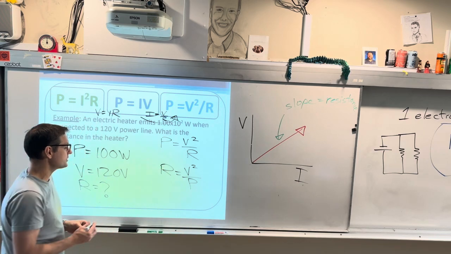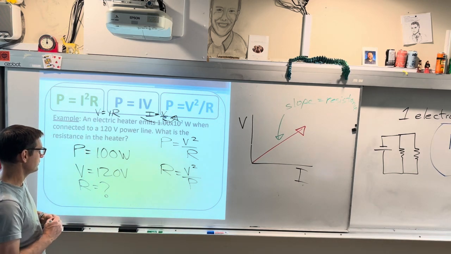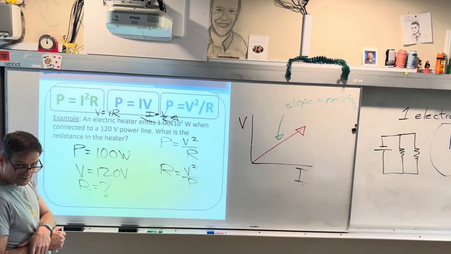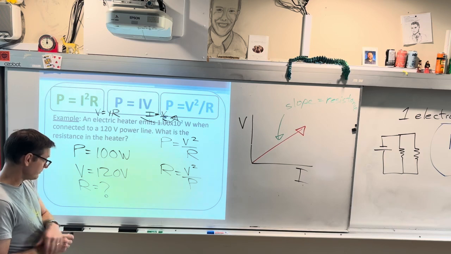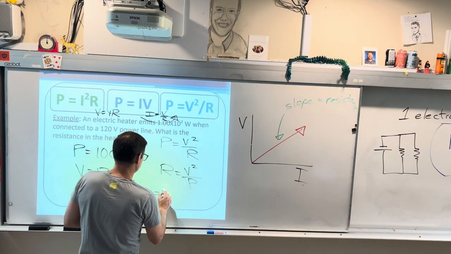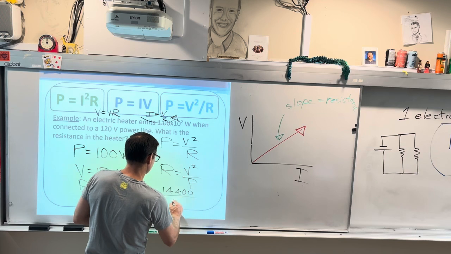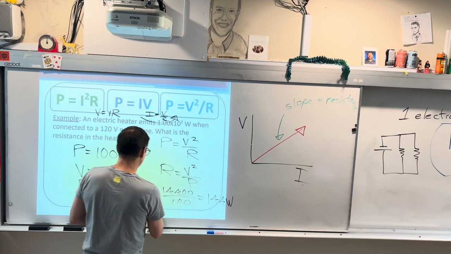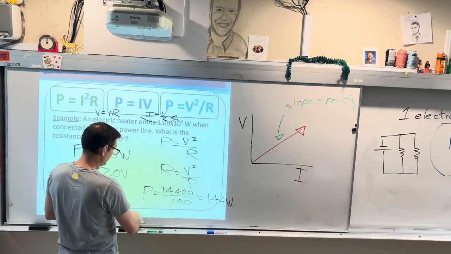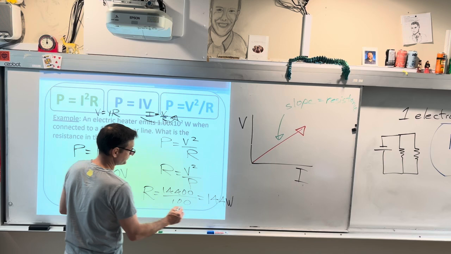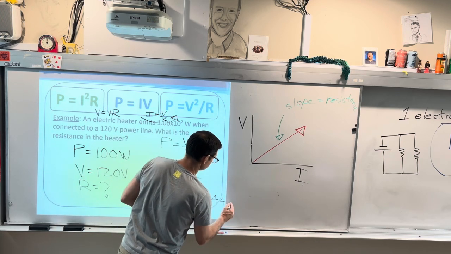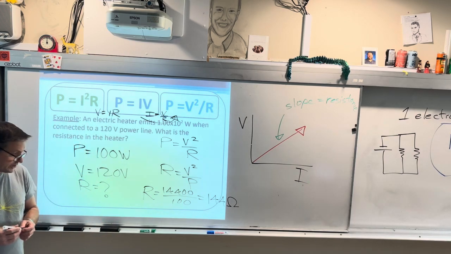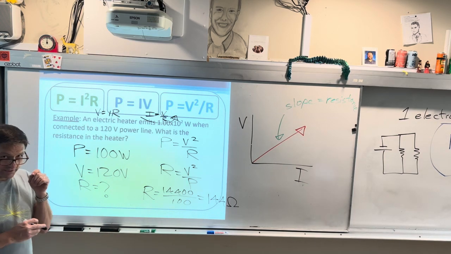And so if you do your voltage squared over P, 120 squared is 14,400, and divided by 100 would be 144, right? And that would be ohms. Sorry, that's resistance, not watts. Now you can do that on your calculator, you don't have to do it in your head. But that would be the answer.